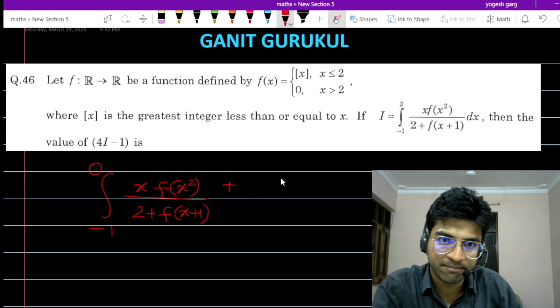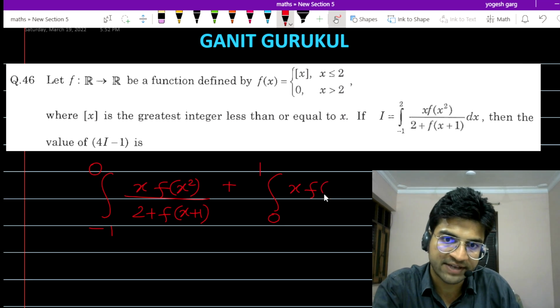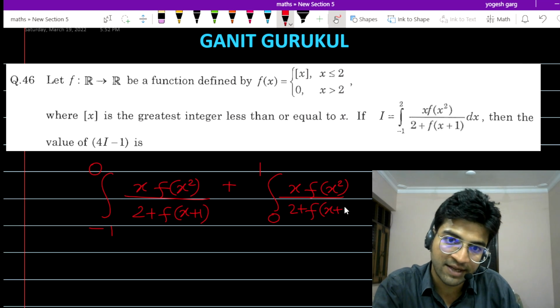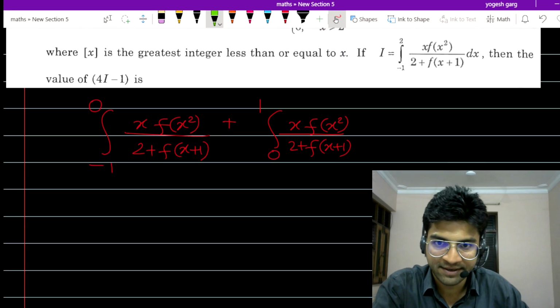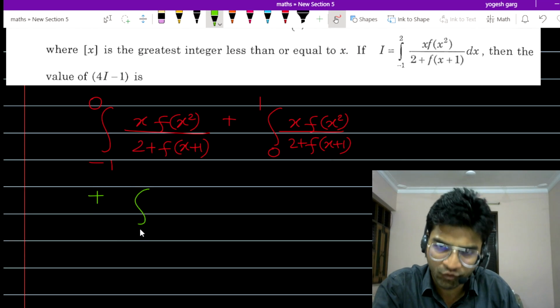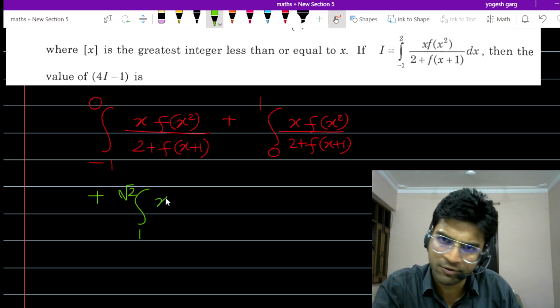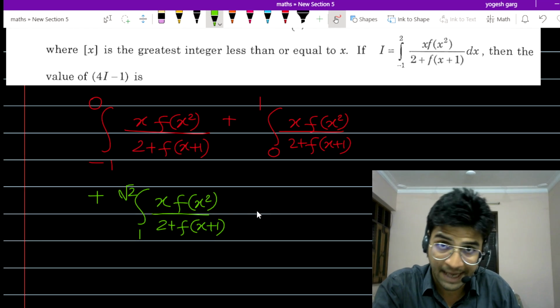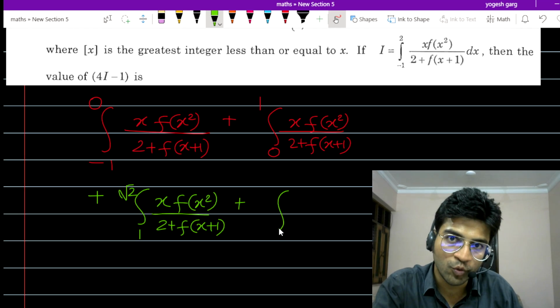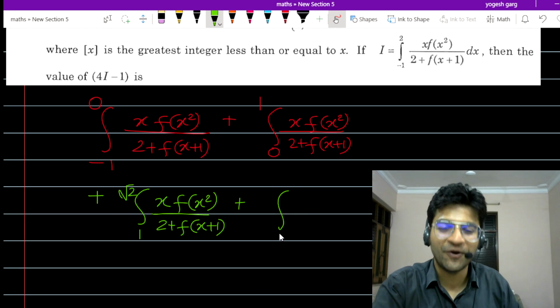Then break it between 0 and 1, x f(x) square upon 2 plus f(x) plus 1. Now between 1 and 2, I will break it into one more part, 1 to root 2, not 2. Why I am doing so, I will explain next. And last, between root 2, will it be last? No, it will not be.